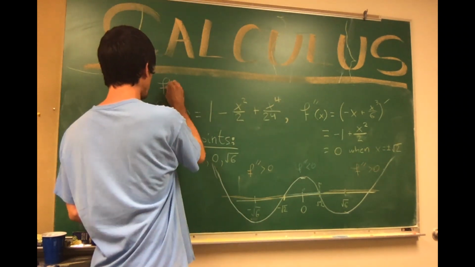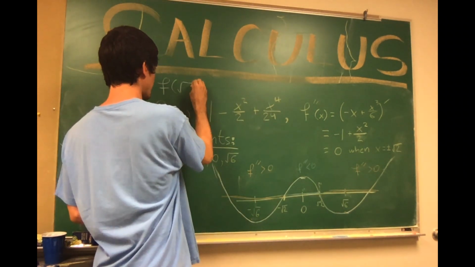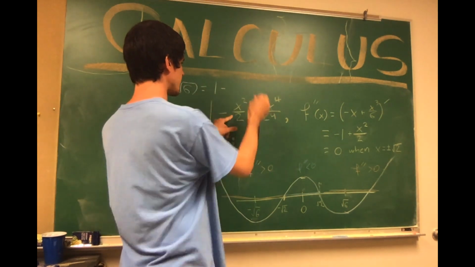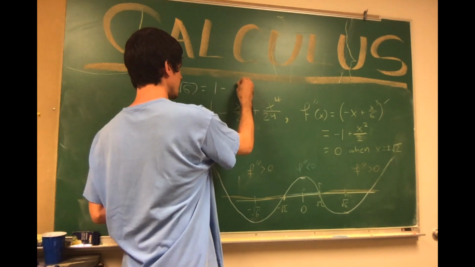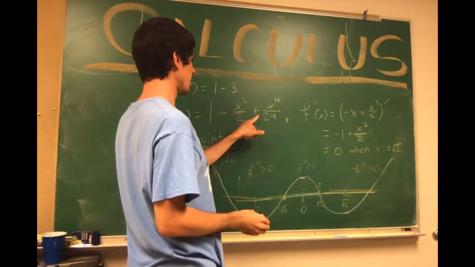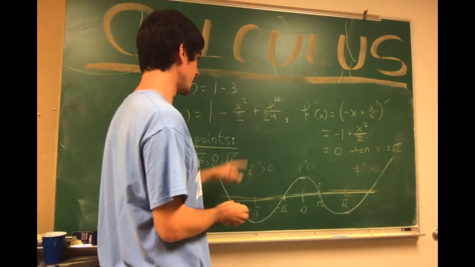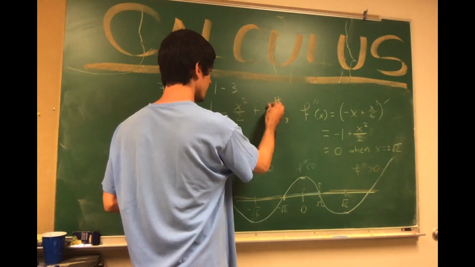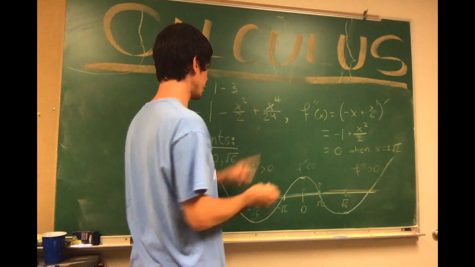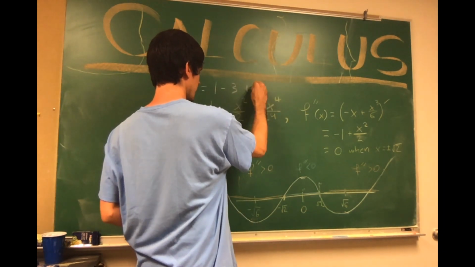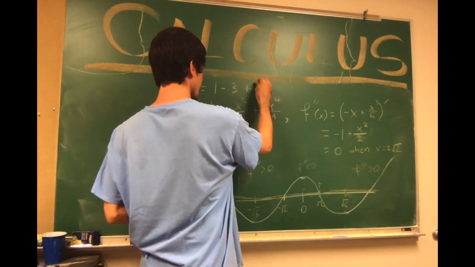So f of the square root of 6 equals 1 minus 6 over 2. So 1 minus 3 plus square root of 6 to the 4th, which is going to be 6 squared. So minus 3 plus 36 over 24.